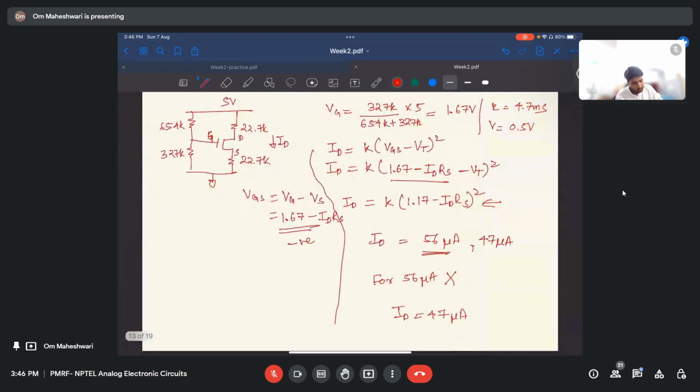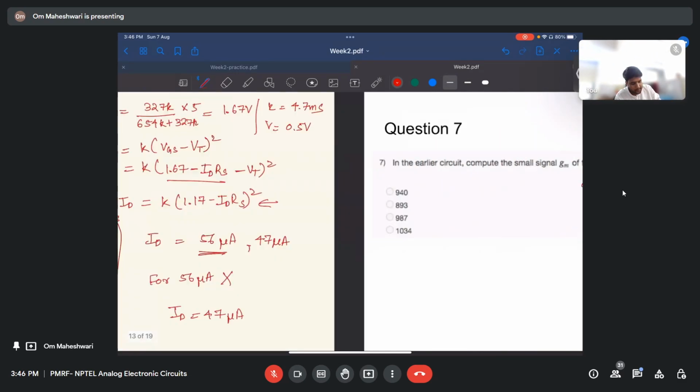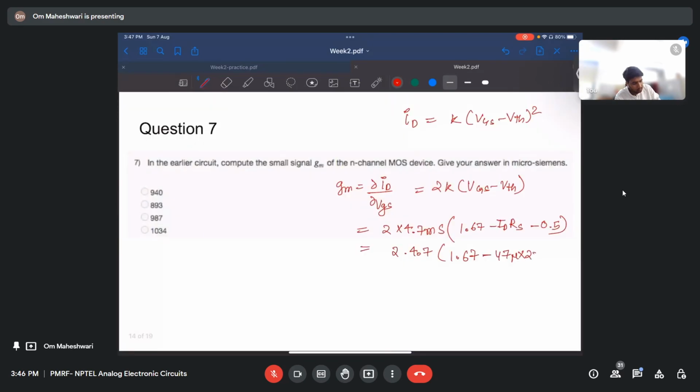VGS we had solved as 1.67 minus IDRS, minus VT which is 0.5. Oh, sorry, not square here. So 2 into 4.7, times 1.67 minus IDRS, which is 47 micro into RS, that is 22.7K, minus 0.5.